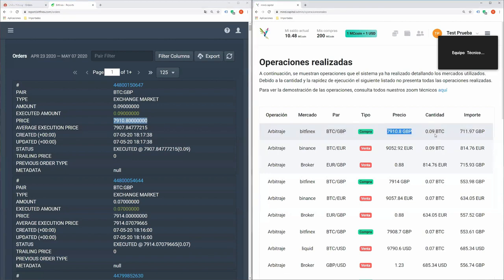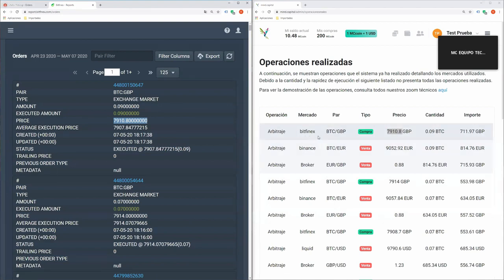And amount 0.09 and price 7910.8. Perfect. Okay. This operation is the arbitrage operation with Binance and the same pair, the same price, and the same amount. Okay. Perfect.